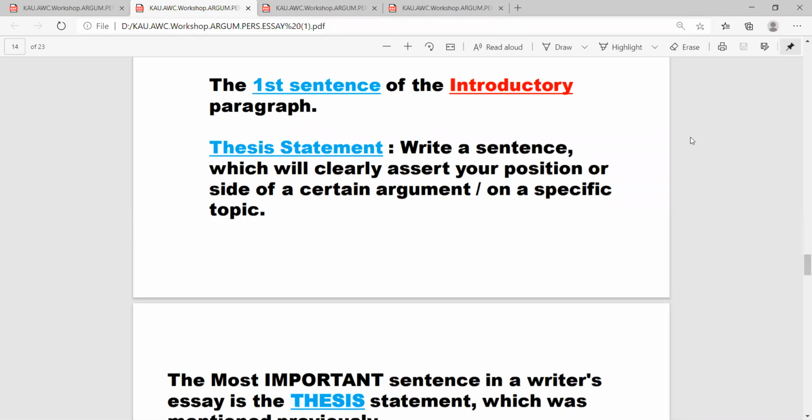Now I'm going to try to convince you with supporting sentences and examples as to why I should convince you that my position is correct or my position is agreeable to you.